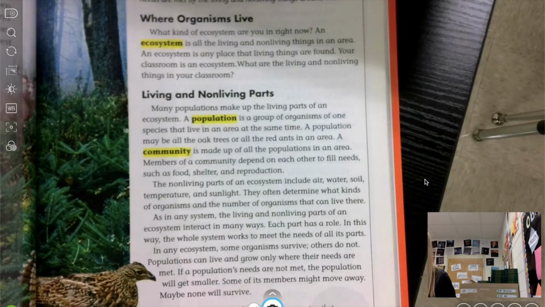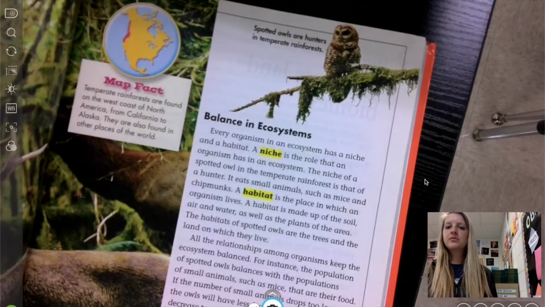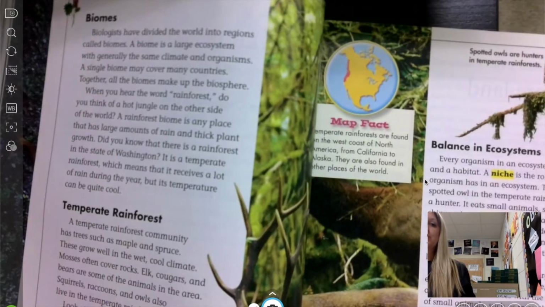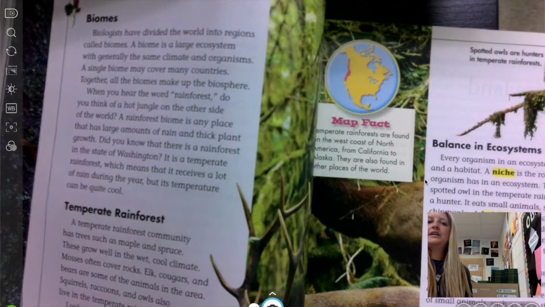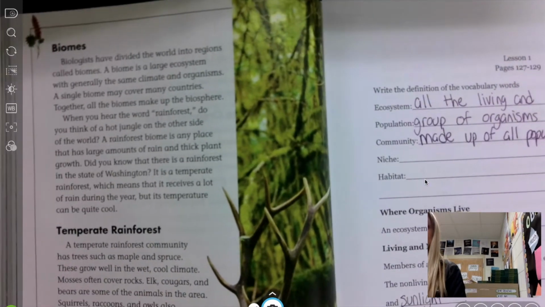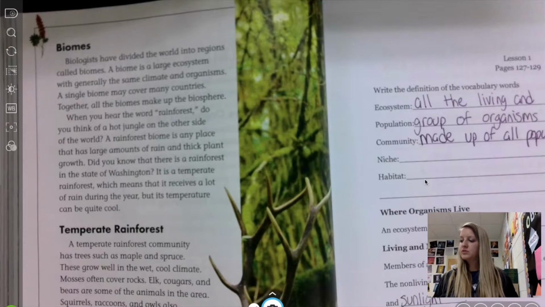We're going to go on to the next page talking about biomes. And biomes is going to be a really big part in our chapter. We're going to actually be looking at different biomes as we go on throughout the chapter. Biologists have divided the world into regions called biomes.